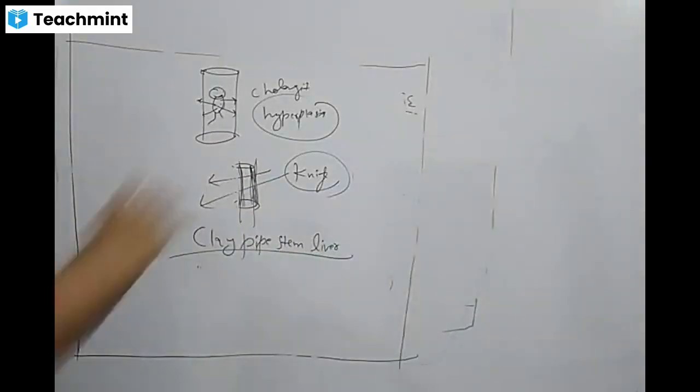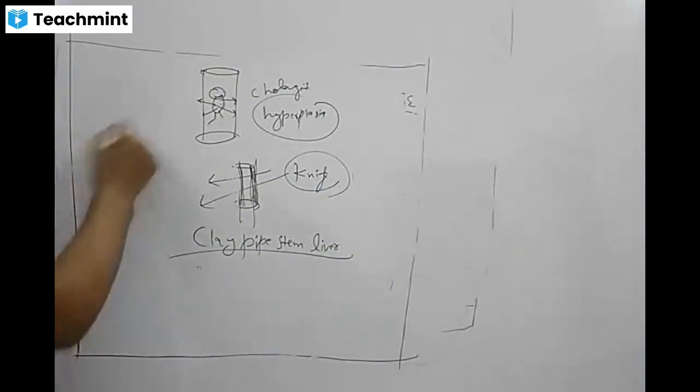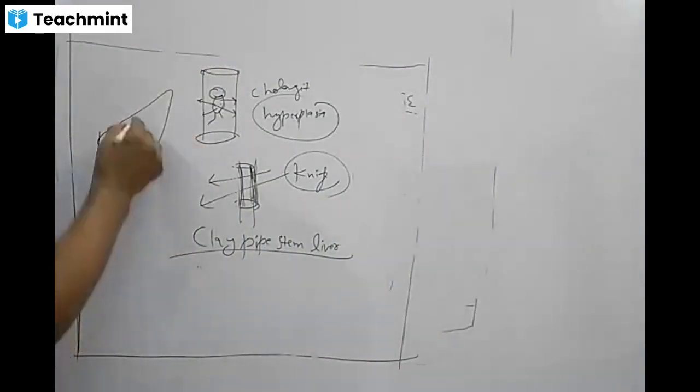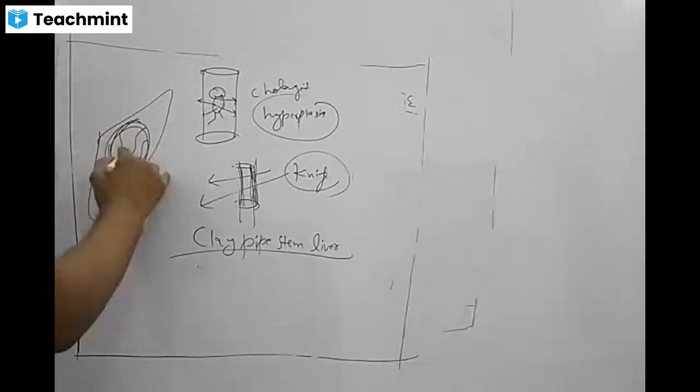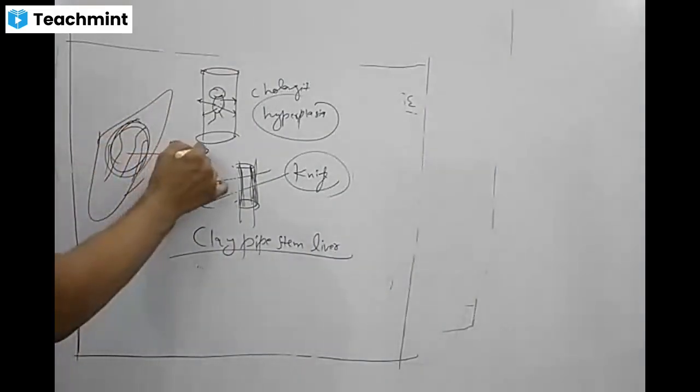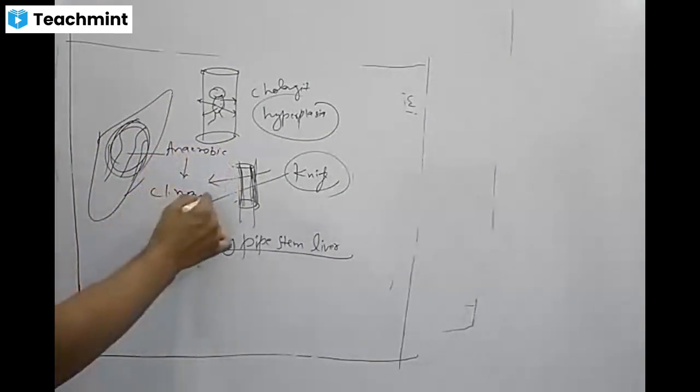So because of the adults, this feature is there, and because of the immature ones, migratory tracts are present. Is clay pipe stem liver in chronic or acute condition?